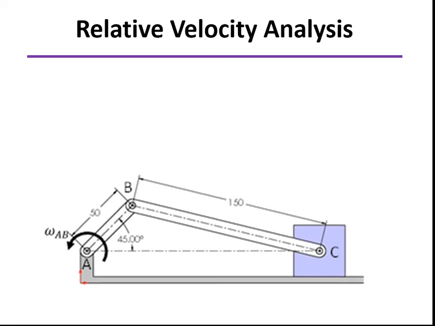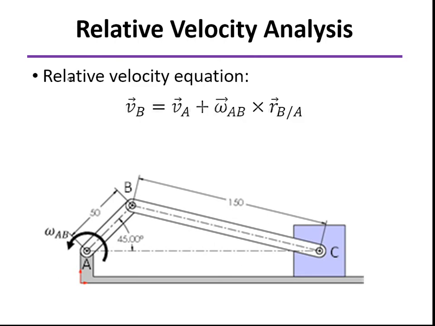So our other method, the relative velocity analysis, uses this relative velocity equation, which says that for any two points on a rigid body, we can write the velocity of one relative to the other.